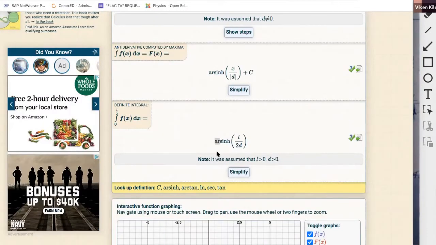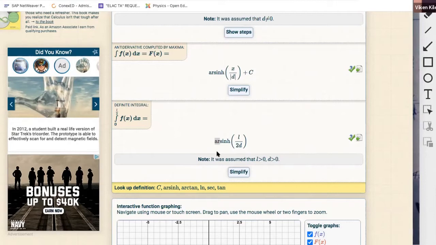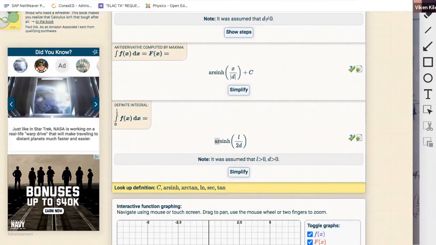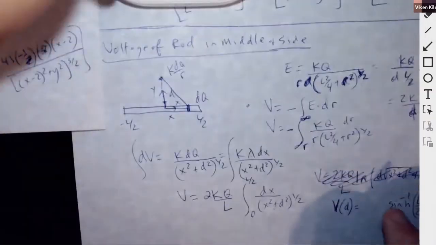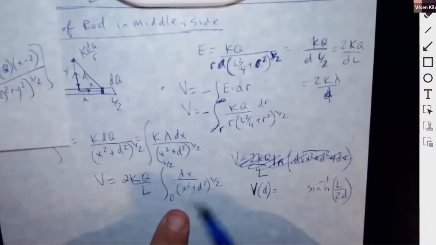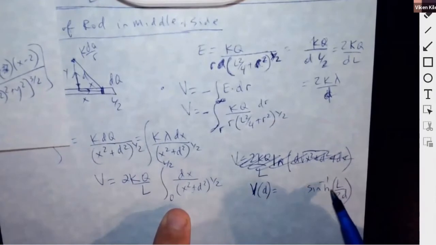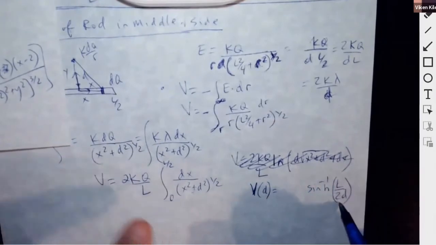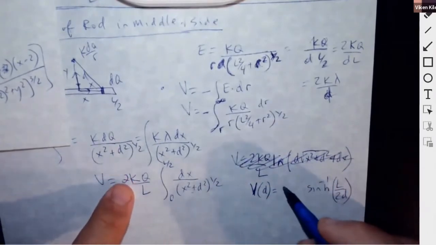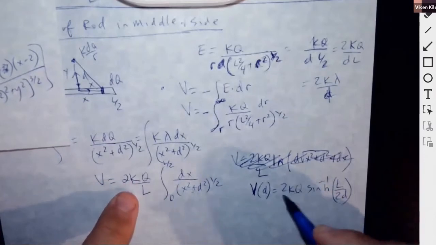Inverse hyperbolic L over 2D. So the integral portion came out to be that, inverse hyperbolic sine of L over 2D, and then you have the 2kq over L.